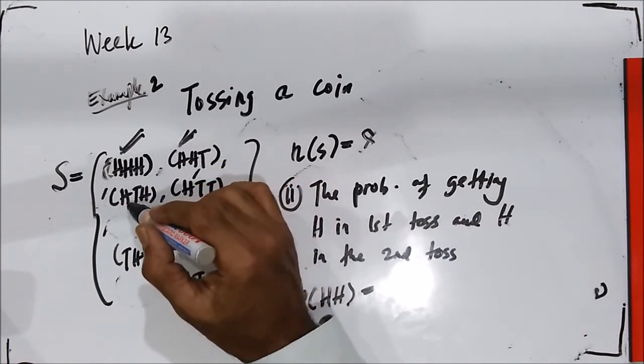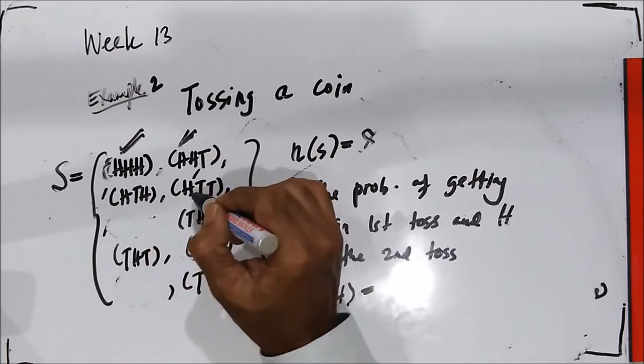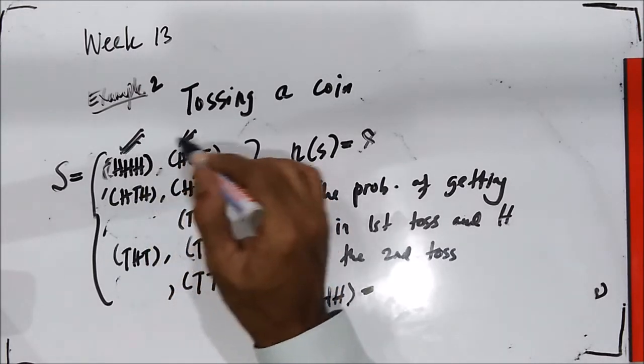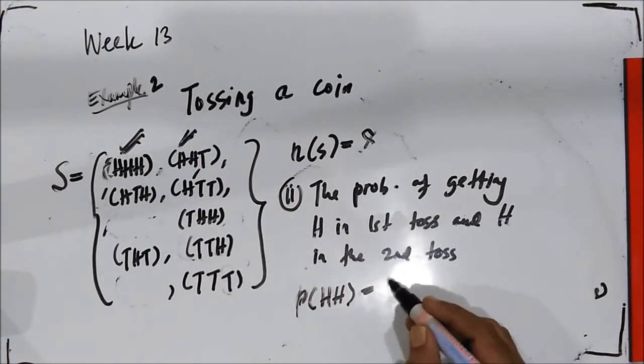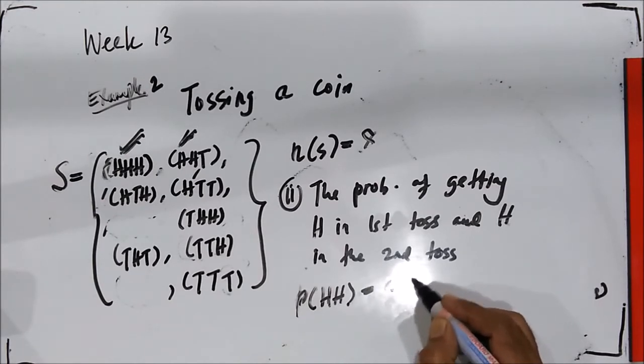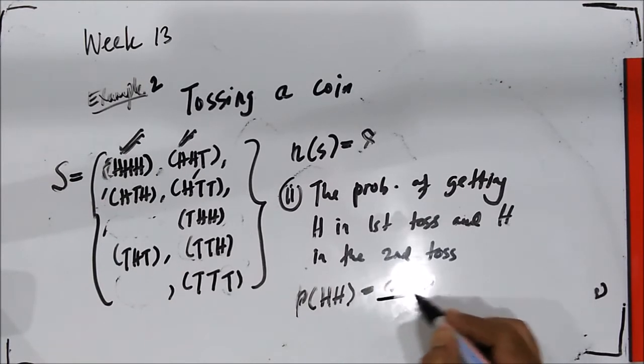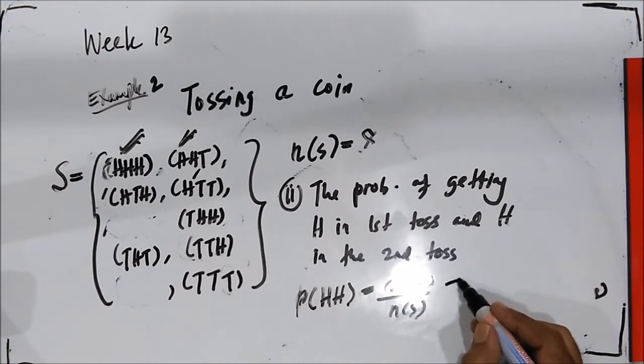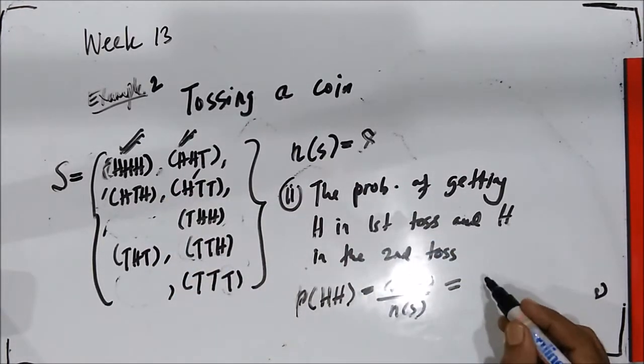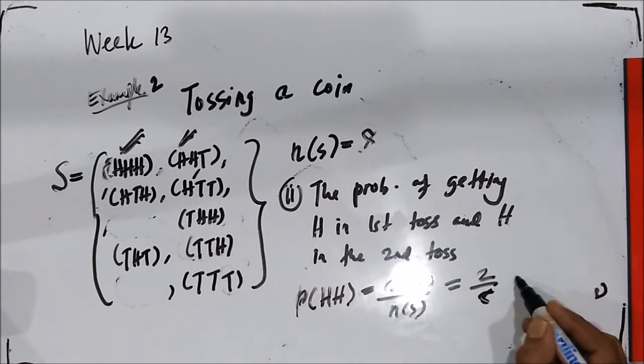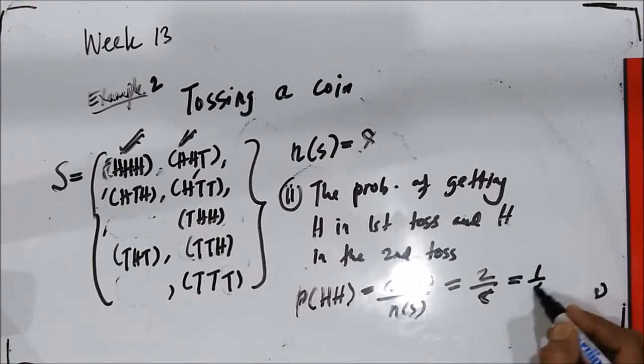So this one cannot be, because this is head and tail. So this thing and this thing. So here it is NH divided by NS. The number of H and H is equal to 2 over 8, or equal to 1 over 4. So this is how we solve the problem here.